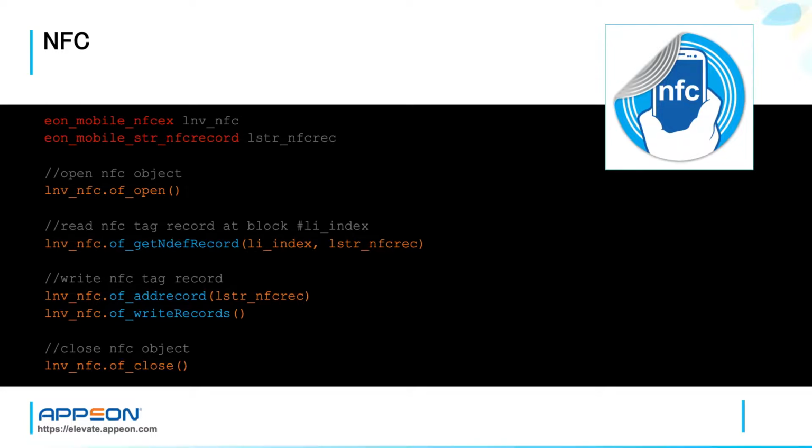In order to read or write information, for example, from and to an NFC tag, you need to create an instance of the mobile NFC object, and you can rely on this structure, NFC record, which allows you to read and write data in a structured format. You can also read and write in a binary format as data blocks, but filling a structure is probably way easier.